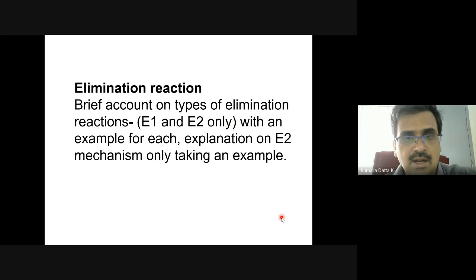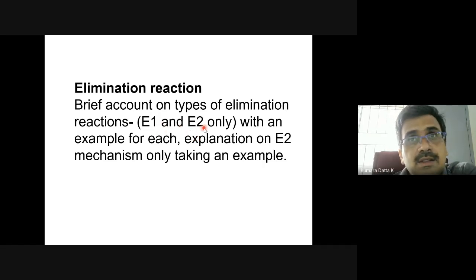Now, what you have in your syllabus is the different types of elimination reactions, E1 and E2. I don't know whether you already have them from your earlier classes, but we had that in our syllabus, even E1cB and all those things, but we have removed that for convenience and to avoid having a lot of topics.